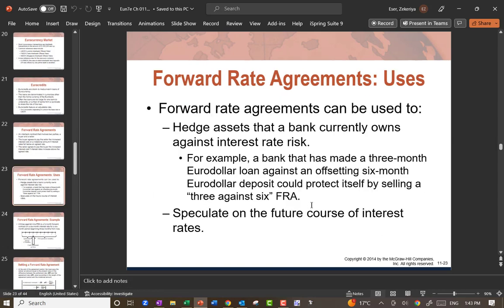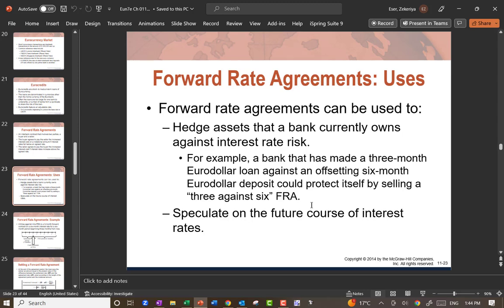We can also use these to hedge against interest rate risk. Suppose you borrowed money on the Euro credit market. Almost always the loans in the Euro credit markets are floating rate, which means interest rates are variable. So if you borrowed, again, we don't have LIBOR anymore, but let's say we did, at LIBOR plus 2% and LIBOR increases by 1%, your interest cost is going to go up by 1%.